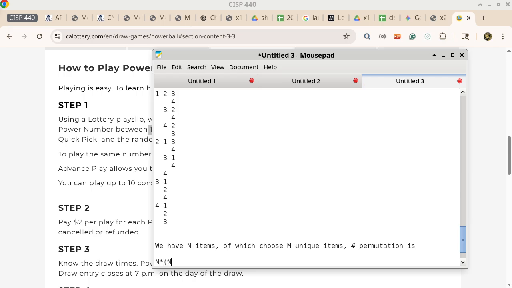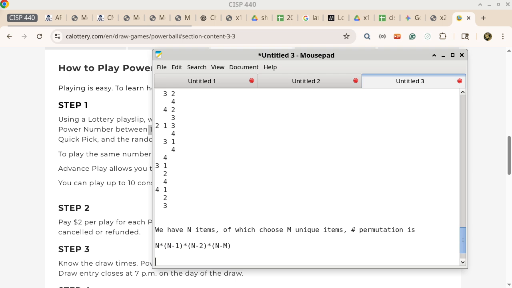The second level, we have n minus one of those, right? The third level, we have n minus two of those, until we get to n minus m, right? So that would be the number of permutations. Okay, so we'll just go ahead and say P of n, m is defined like this.